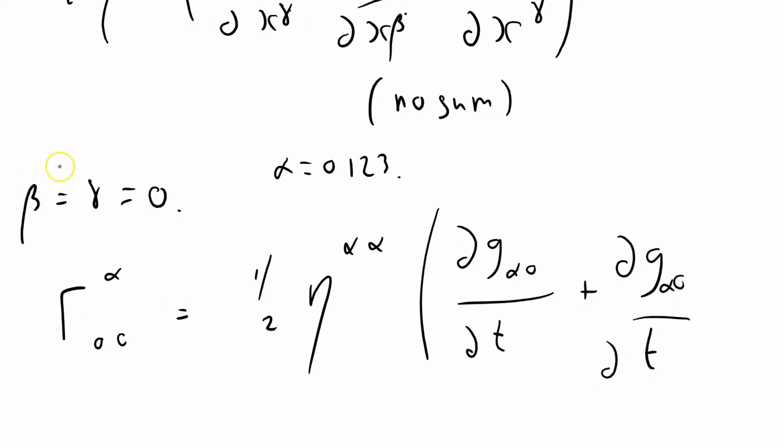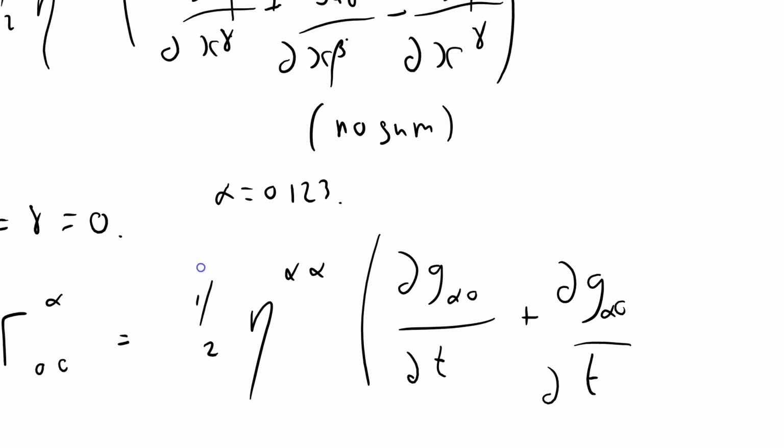It's t because beta equals 0 gives me the variable t there. Minus di g 0 0 by di alpha. Well, at this point I don't care what that is.